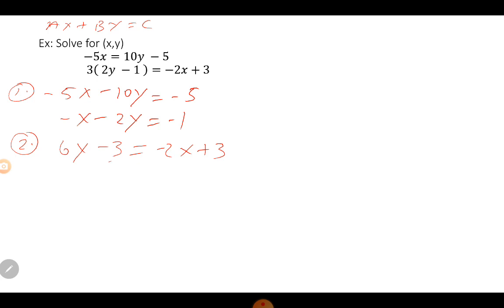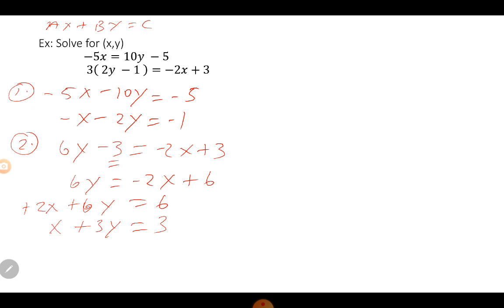Add 3 to both sides, so we get 6y equal to minus 2x plus 6. And now add 2x to both sides, so I get plus 2x plus 6y equal to 6. Again here, everything is divisible by 2, so might as well divide by 2. So x plus 3y is equal to 3.